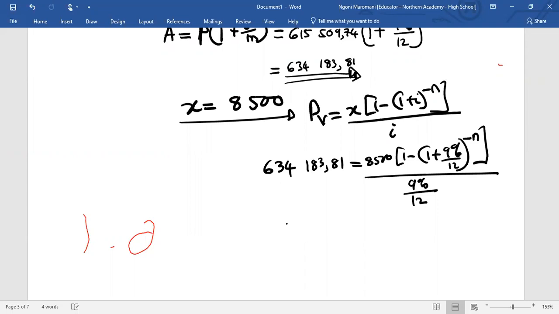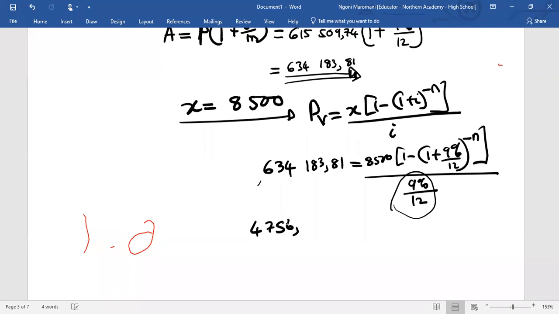But anyway, first things first, let's take this 9% compounded monthly and multiply it to the left hand side. So 9% over 12 times 634,183.81. Have you multiplied them? 4,756.38.